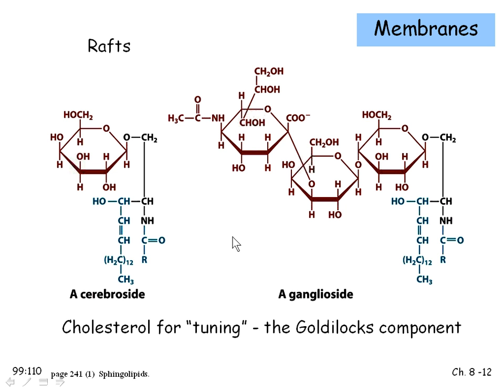Whereas if you have a lot of unsaturated fatty acids, you can imagine the cholesterol's in there, this broad flat thing, and it tends to cut down the amount that they can bang around and raise the melting point. So cholesterol kind of tunes the membrane. You can think of it as the Goldilocks component: not too fluid, not too tight, just right.